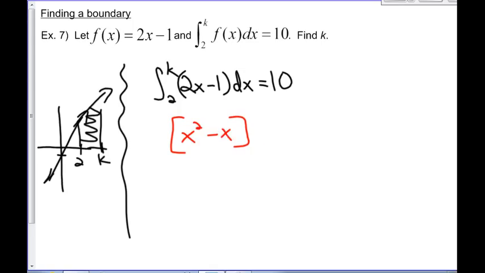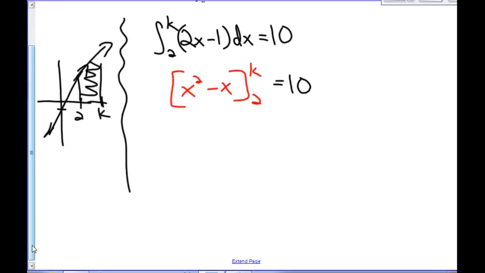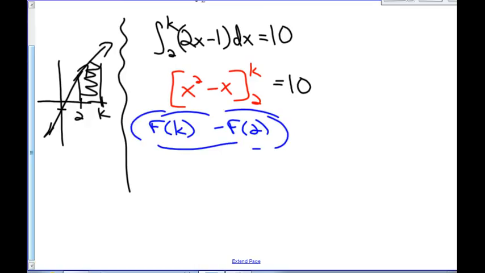The boundaries are 2 and k. And the whole thing's equal to 10. Now that's big F at k minus big F at 2. Really, nothing has changed here. I'm just thinking about that. So let me plug those in.